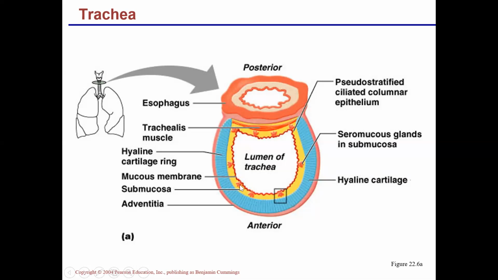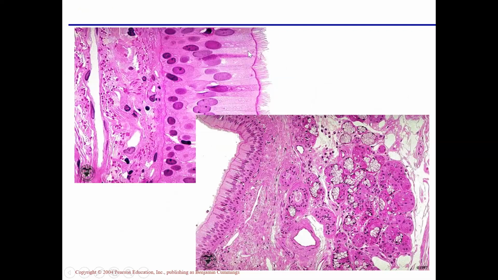So let's take a look. If we enlarge this box, you should have a mucosa, submucosa, and cartilage tissue. So this is the mucosa right here, all the way from here to here. What kind of epithelial cells are these?